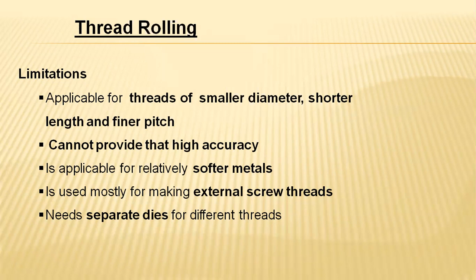By this, it cannot provide that much high accuracy. Basically, it is applicable for relatively softer metals, which are used mostly for making external screw threads. It needs separate dies for different threads.